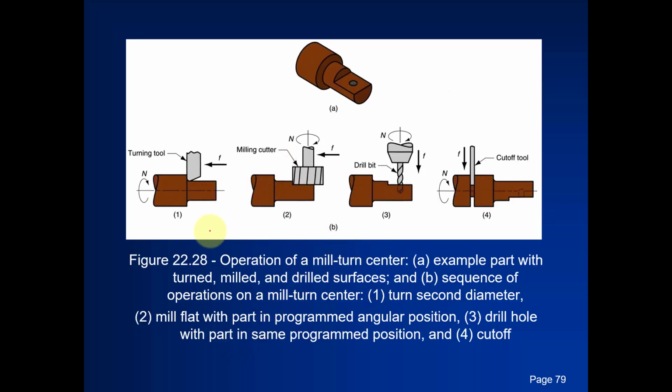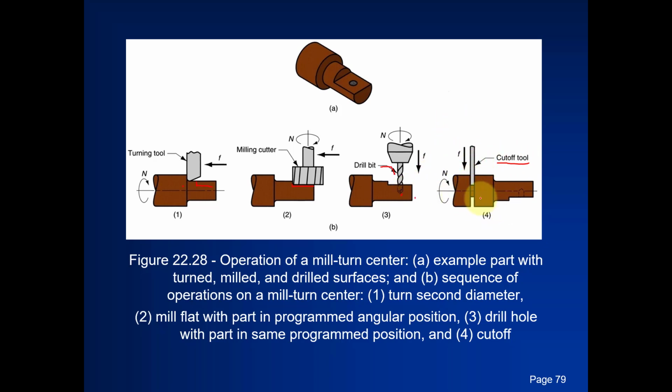So this is an operation that is performed by using mill turn. For example, a turning operation is performed, then by using a milling cutter, this cylindrical surface is converted into a flat. Only this surface will be flat. Then you can perform a drilling operation on that, and then you can also perform a cut off operation by using a cut off tool.